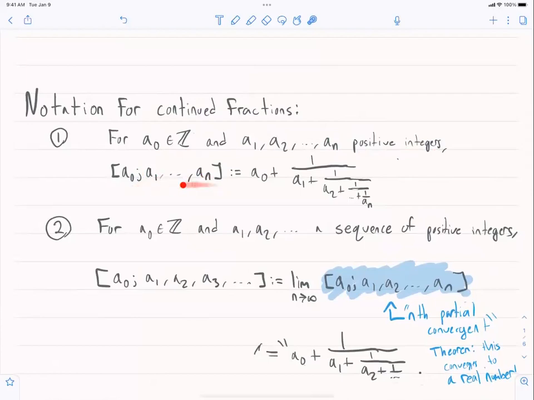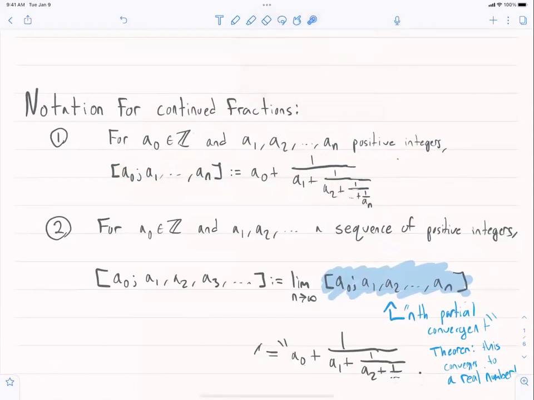So this is just a symbol that's shorthand for the continued fraction, where I do A0 plus 1 over A1 plus 1 over A2 plus 1 over and so on plus 1 over AN. So this is the kind of thing we saw in class on Tuesday. And this is just some compact notation for writing that.